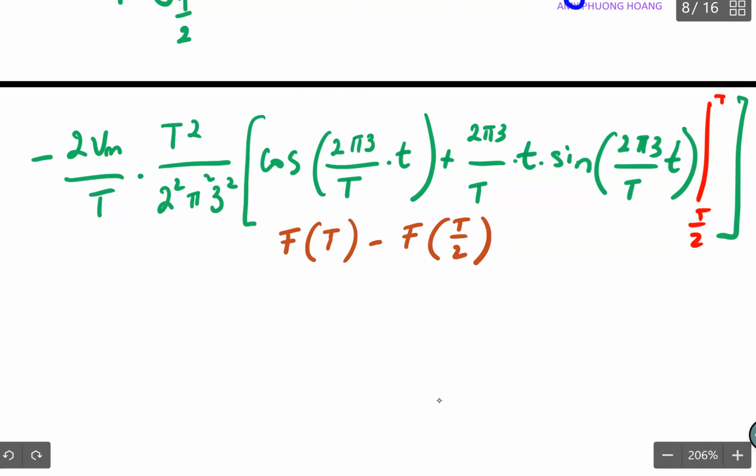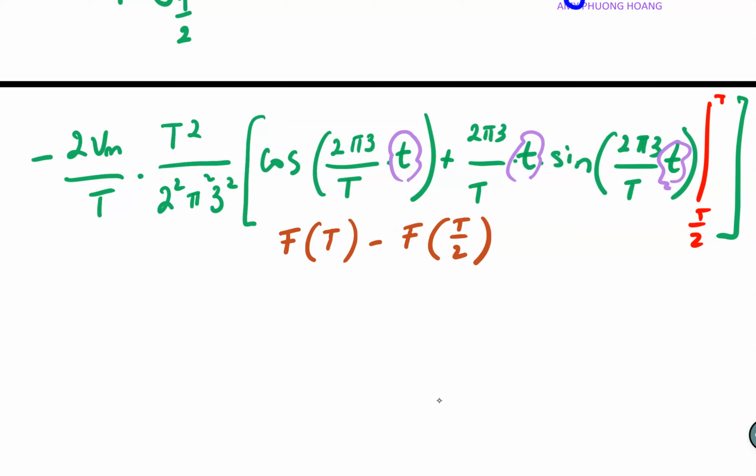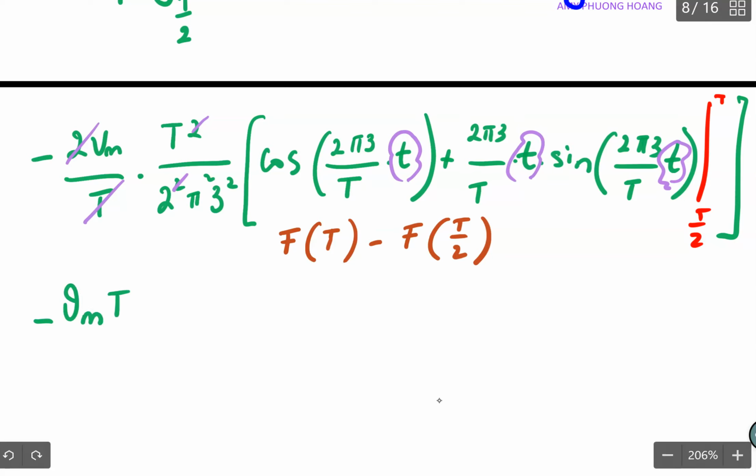Anywhere that you see this t, you are going to substitute in the values. So let's simplify a few of these. You can see that cancels with that. So I should have just minus V max times t divided by 2 times pi squared 3 squared.